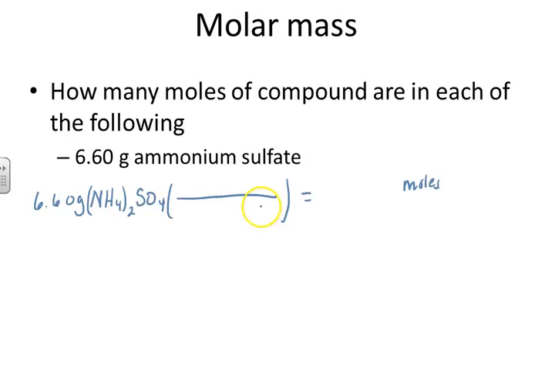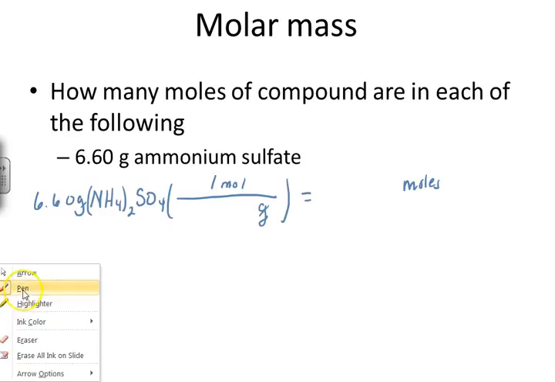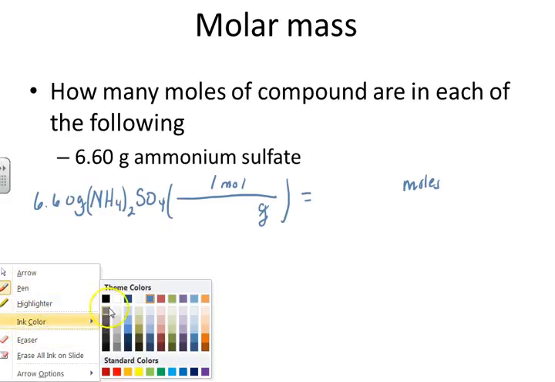We're going to cancel grams. So we need to know the number of grams in 1 mole of (NH4)2SO4. So that means we need a molar mass, so we need to add that up.